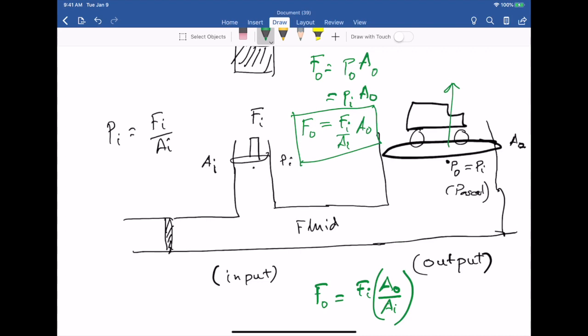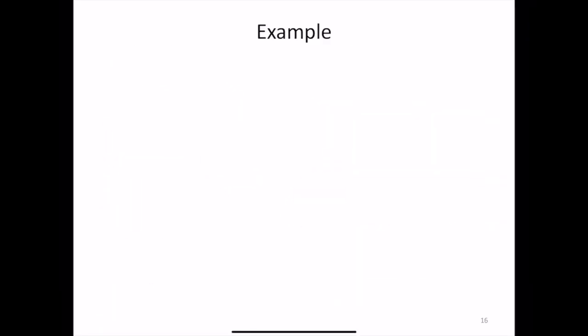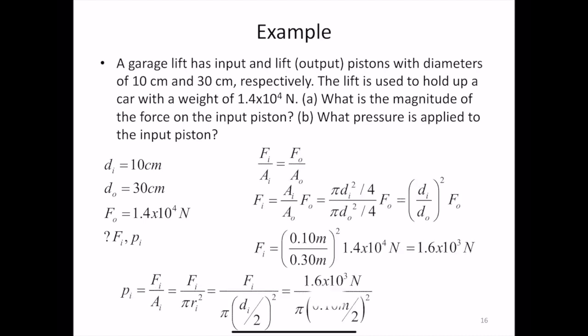So you would just have to apply a moderate force on the input side, and you would get a huge force on the output side, which would be enough to lift up a vehicle. So this is the principle of the hydraulic lift, and it is an application of Pascal's principle. Okay. In the next slide, I have a numerical example based on this idea. It's basically plug and chug. So you can work this out on your own.